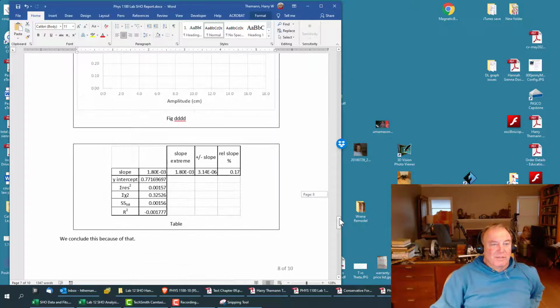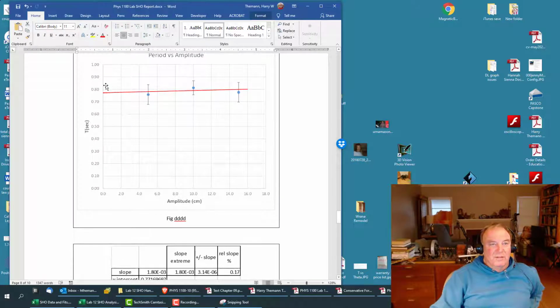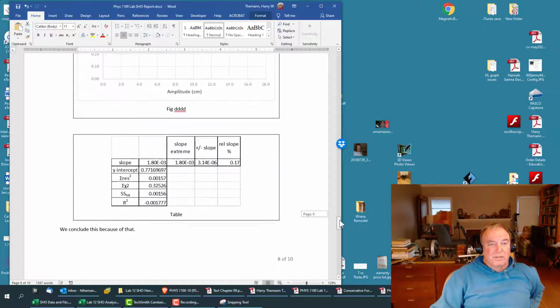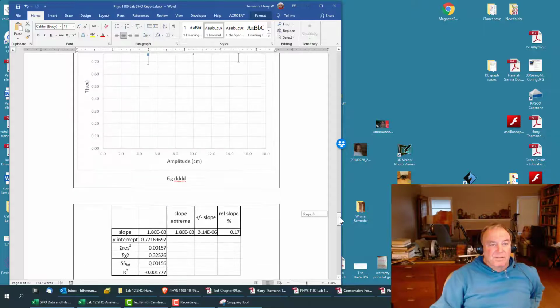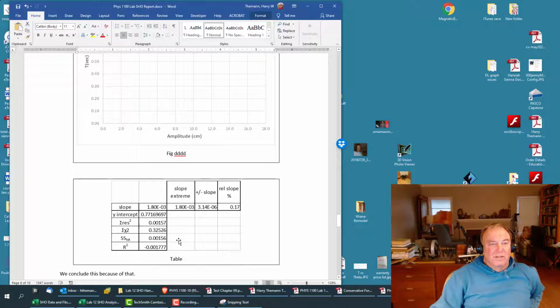And then the fit parameters, and then we say, look, the slope is so tiny, it's effectively 0. And the y-intercept, I did it in the video, actually ends up being the actual period of that particular spring, if you set things a certain way. Oh yeah, and then the r squared.